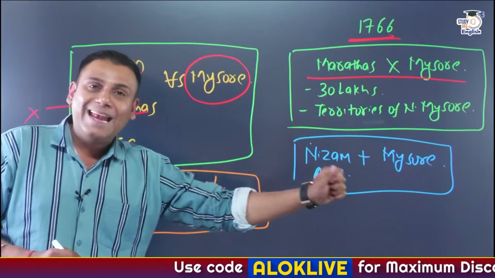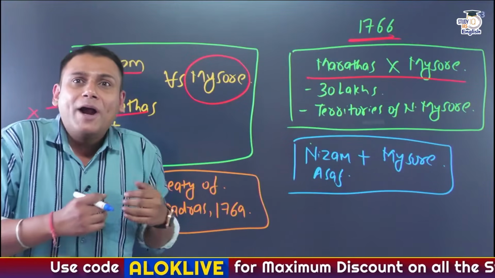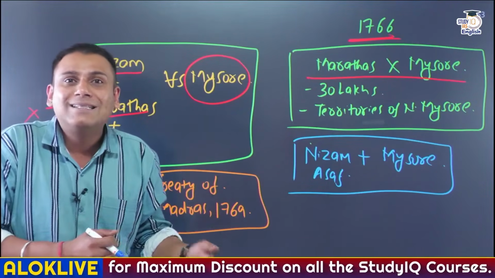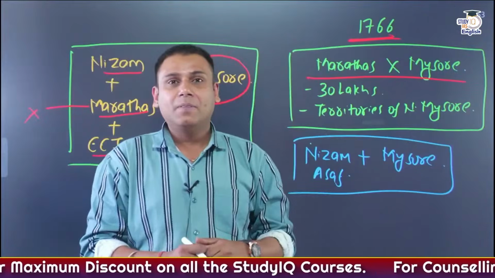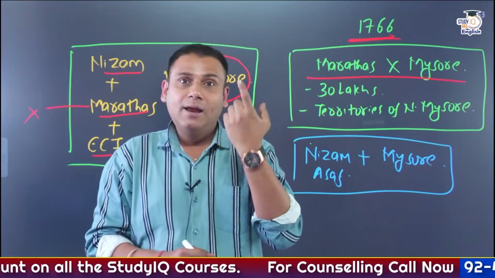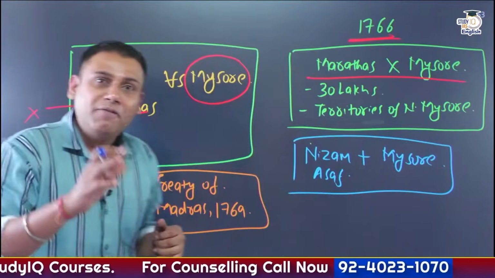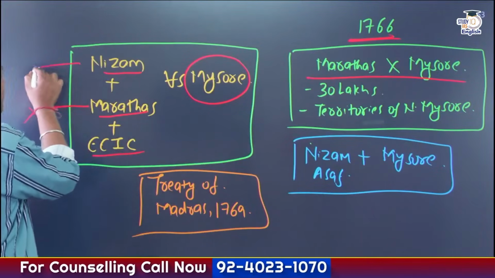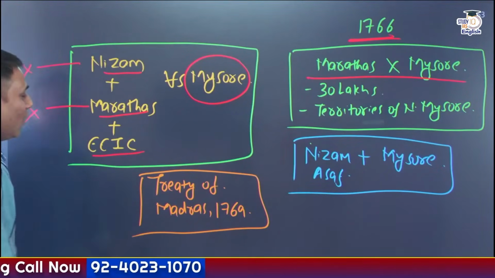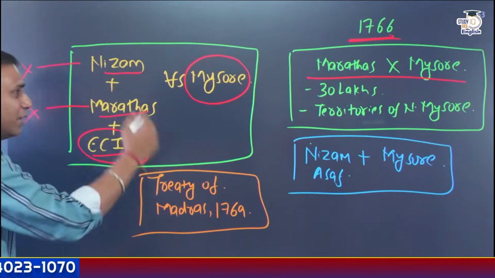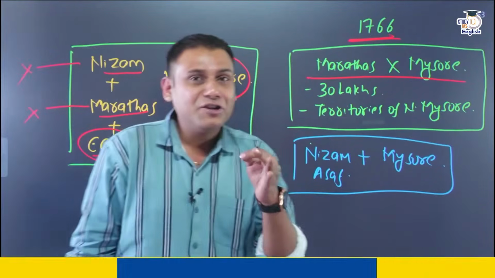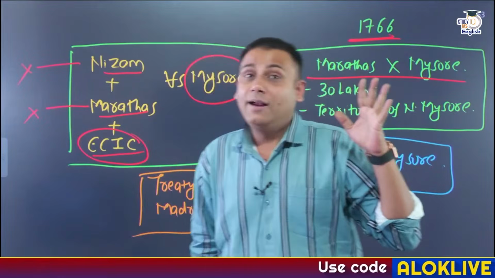Arcot is enemy of Nizam of Hyderabad. So why don't we form a common alliance against a common enemy? Nizam of Hyderabad accepted this. So even Nizam of Hyderabad was out of the league. Only the English East India Company was left. And now the English East India Company realized that it is better to retreat.